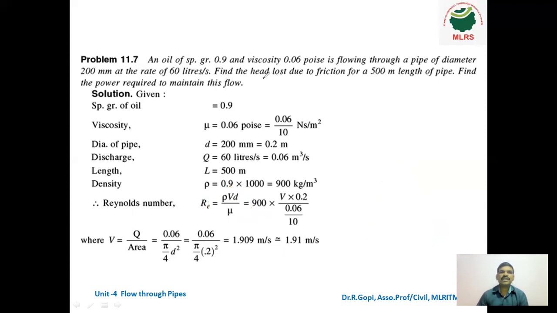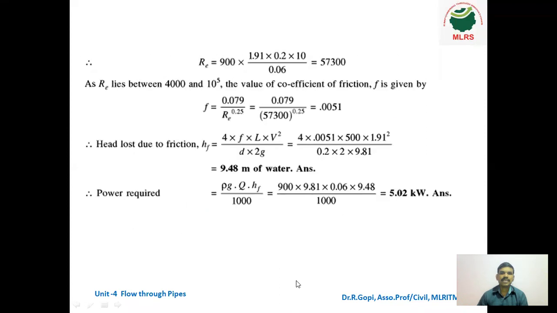So what do we need? We need loss of head due to friction. So substitute this V in the Reynolds number equation, and we can easily get the Reynolds number. That is the next step. Here you can see I'm substituting V in this Reynolds number formula.